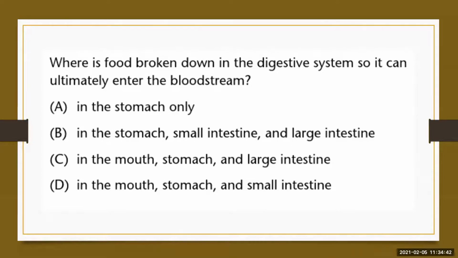Yep, it would be D. Just remember that the mouth, stomach, and small intestine is actually where food is broken down the most and most nutrients absorbed. The main purpose of the large intestine is to pick up any straggling nutrients, but also really the purpose is to make feces to then end up in the rectum.